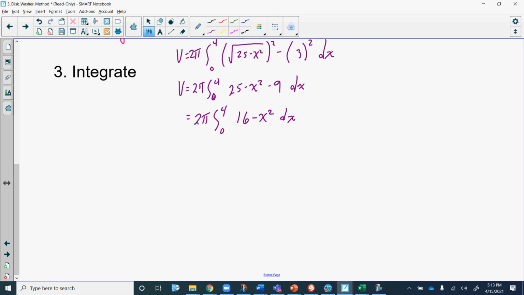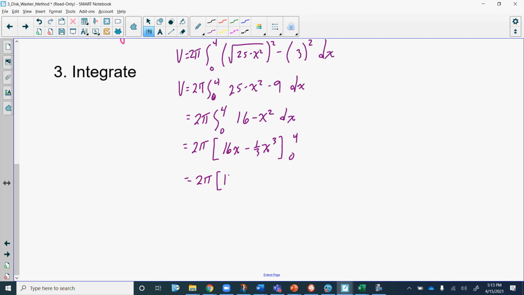So let's integrate it. I'm going to say 2 pi, antiderivative, this is going to be 16x minus 1/3 x cubed from 0 to 4. And 2 pi, let's do our substitution. The 0 doesn't matter, which is the whole point.